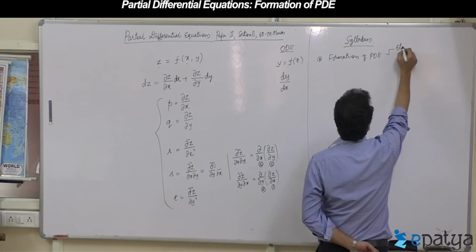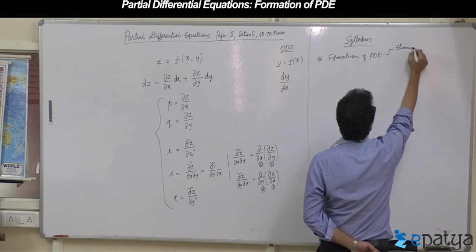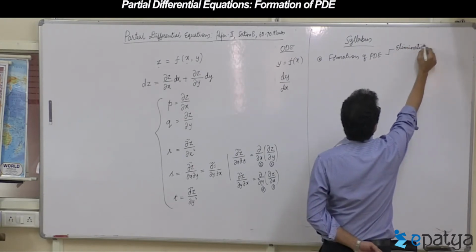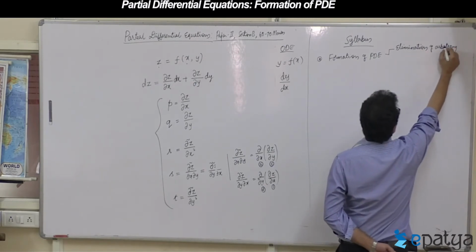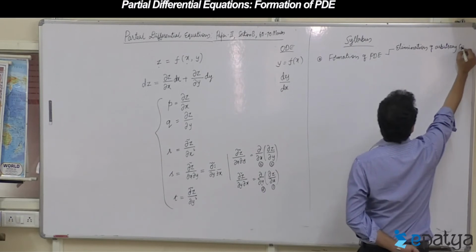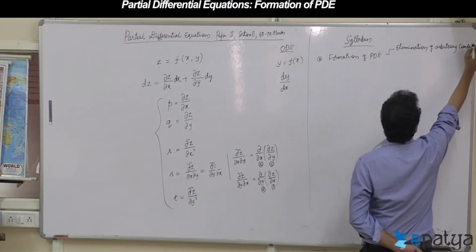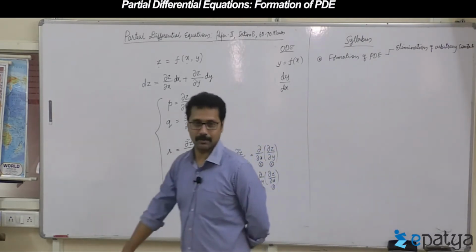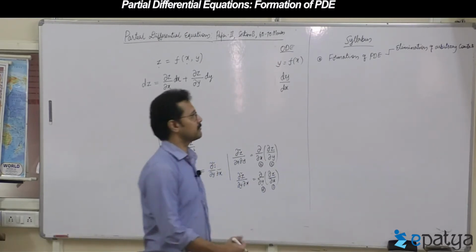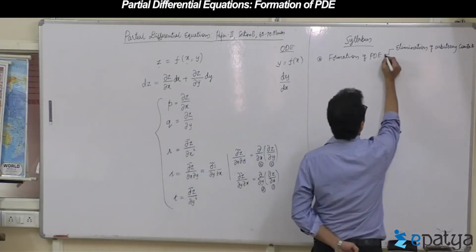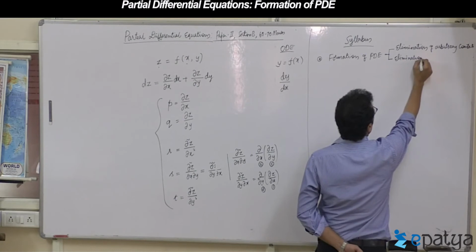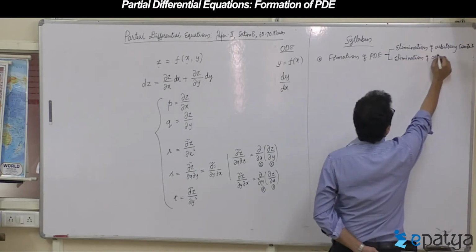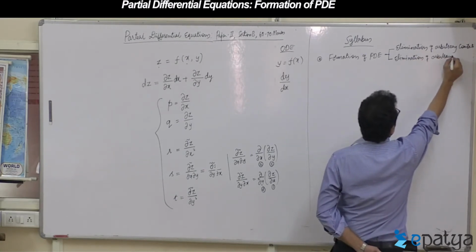Generally, we have elimination of arbitrary constants. The same concept we have even in ODE also. But in case of partial differential equations, we have an extended concept, which is elimination of arbitrary functions.